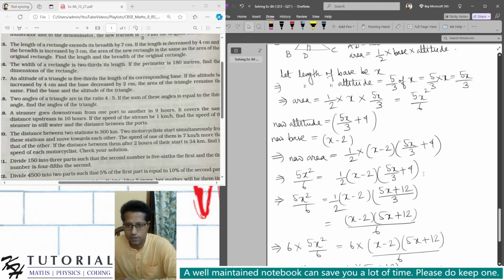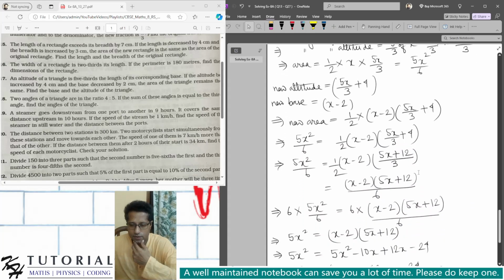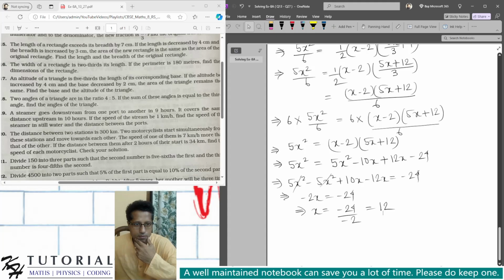So x is 12. That is, the base of the original triangle is of length 12 centimeter.